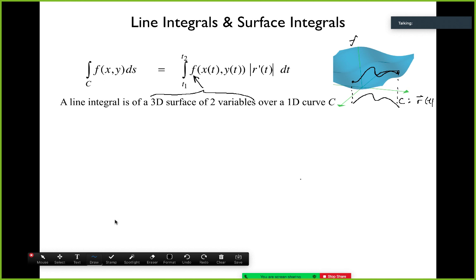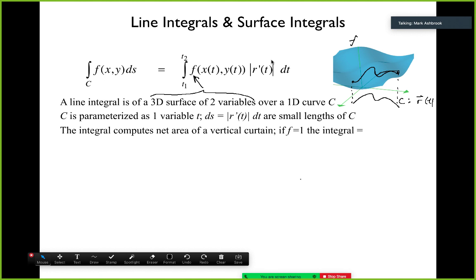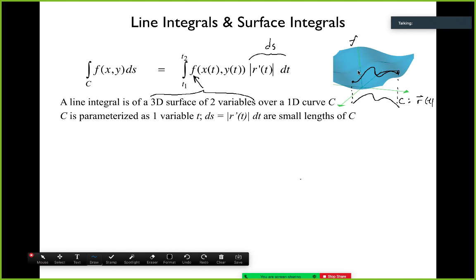C is parameterized as one variable. It's a curve, right? We know we parameterize curves with one variable. And so then this is our ds. ds is a little bit of the curve, or a little teeny segment that's representing an infinitesimal or a small element of the curve. Those are our ds's.